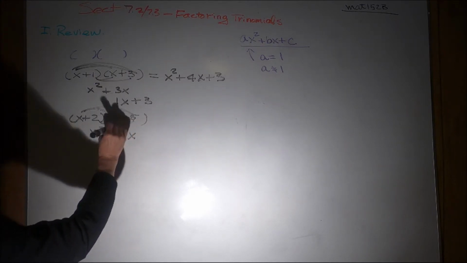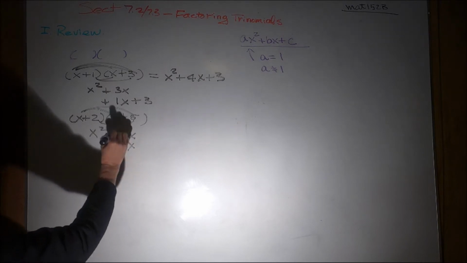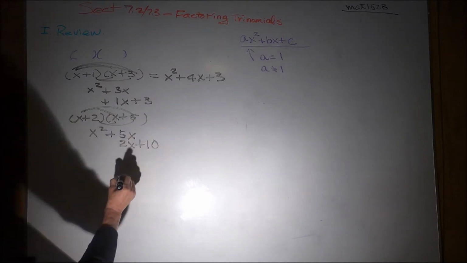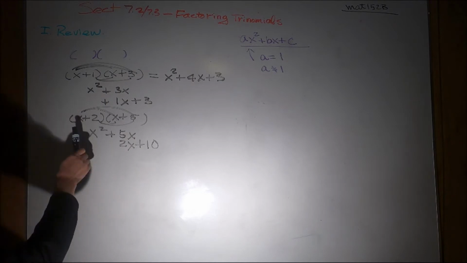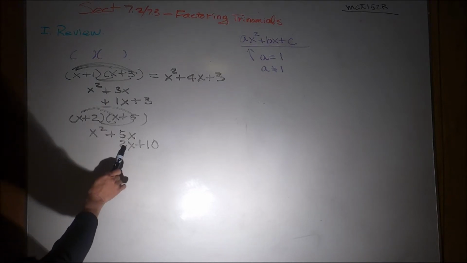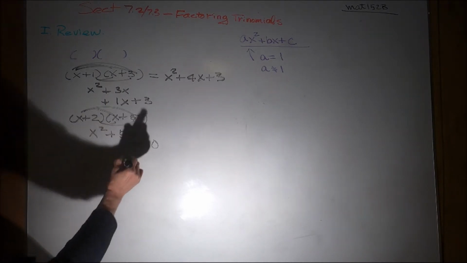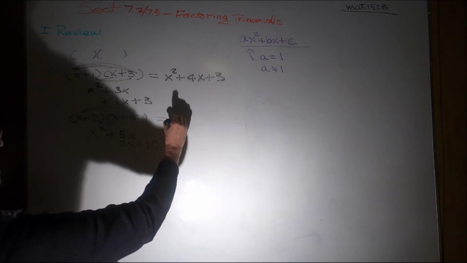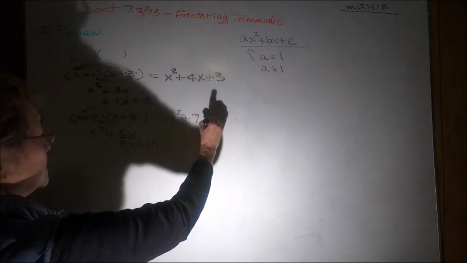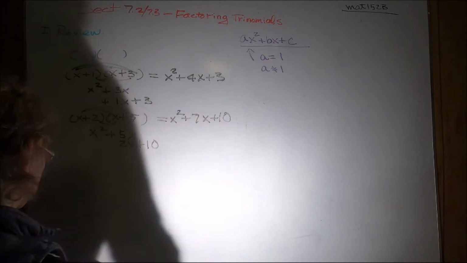Then lower rainbow, 2 times x, 2x, 2 times 5, 10. Then you combine the middle terms, 2x and 5x, so that would be x squared plus 7x plus 10.